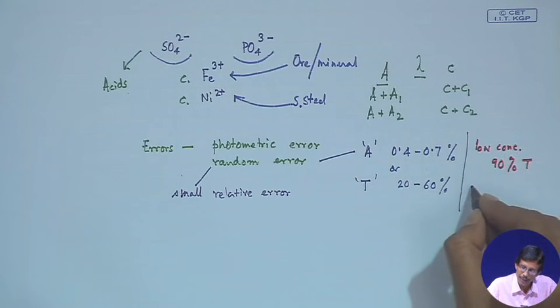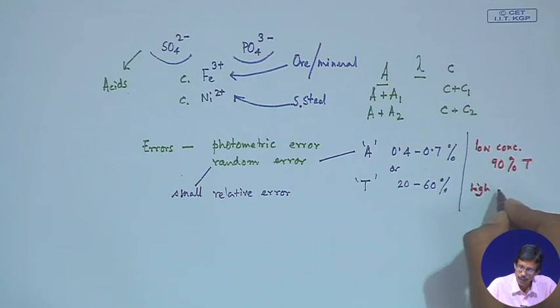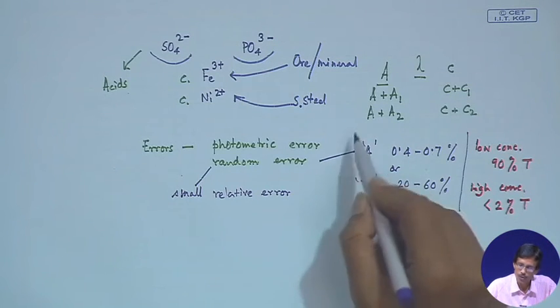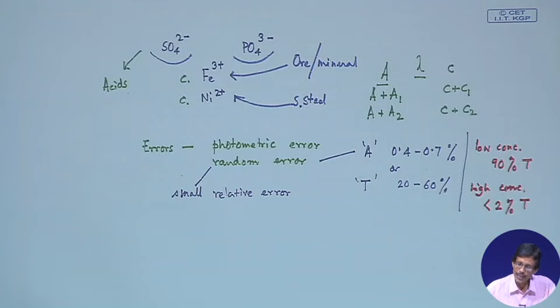Similarly, at a very high concentration, where the transmittance is about 2%, that will also affect the corresponding value of A, and A then goes up to say 1.7.